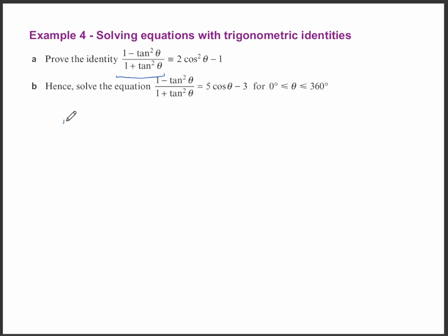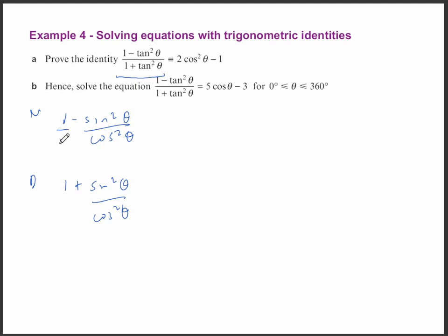So, we have 1 minus sine square theta over cos square theta, because this is basically tan square theta. And then this is the numerator, by the way. And then for the denominator, we have 1 plus sine square theta over cos square theta. And firstly, what we want to do is make this into one fraction, right?